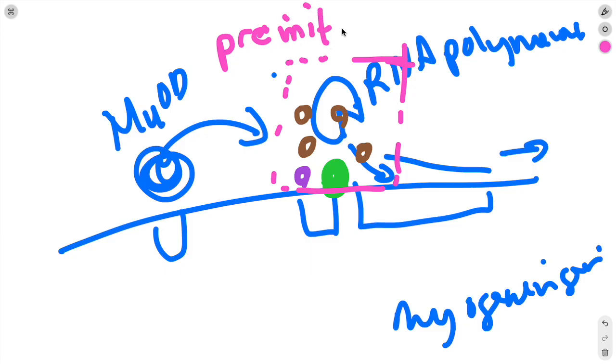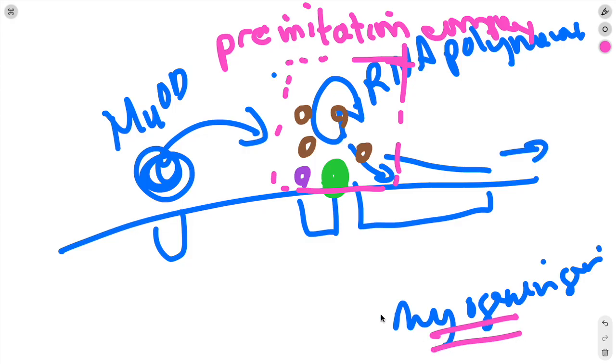And that's a nice name, pre-initiation. Initiation means when the RNA polymerase starts doing its job, starts copying the RNA. And prior to that, it's got to land there, find the right spot, and get all ready. And there's a bunch of proteins that help it do that. And if one of them's missing, it's not going to get done. And one of them missing is a rate limiting step on the myogenin gene.